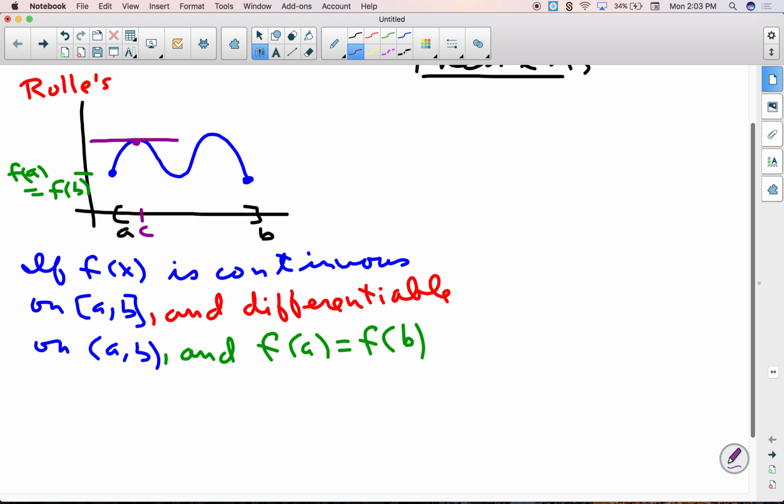In other words, if you start here at f of a, just think about this as a path. In order to get back to that same y value, if the function is smooth, it's got to pass through a point where the derivative is 0.